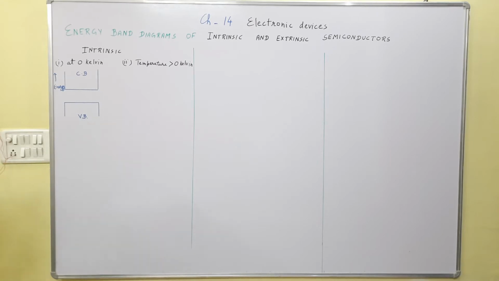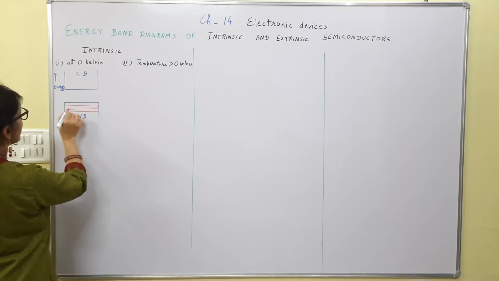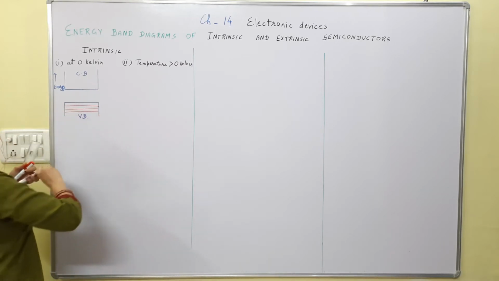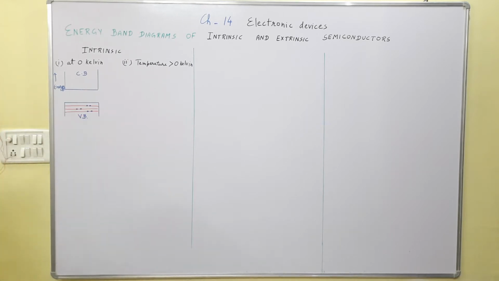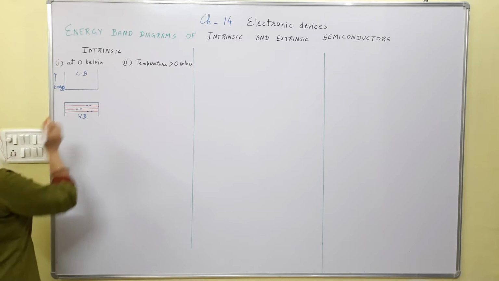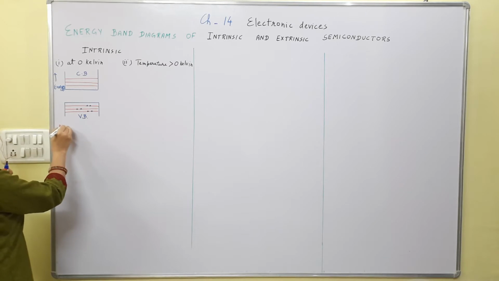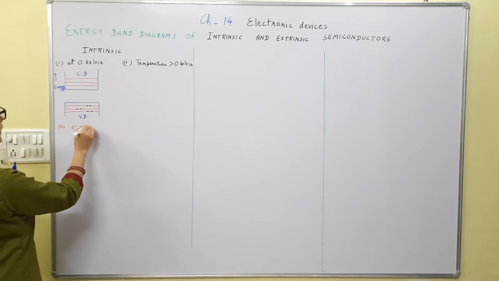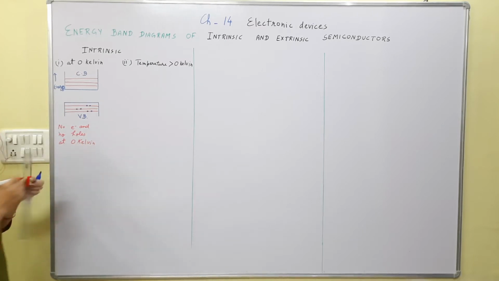So at 0 Kelvin, only the valence band has electrons and no electrons are there in the conduction band and no holes are there in the valence band. So we can say no electrons and no holes at 0 Kelvin. So it behaves as an insulator.